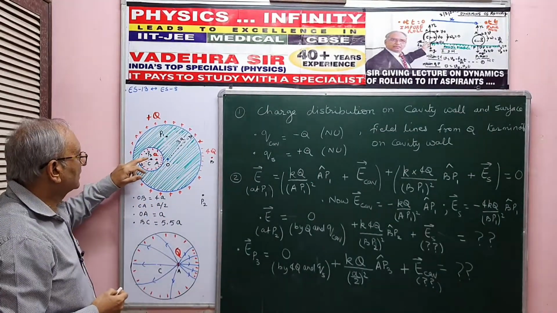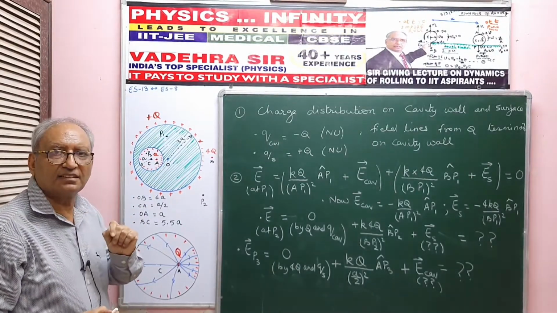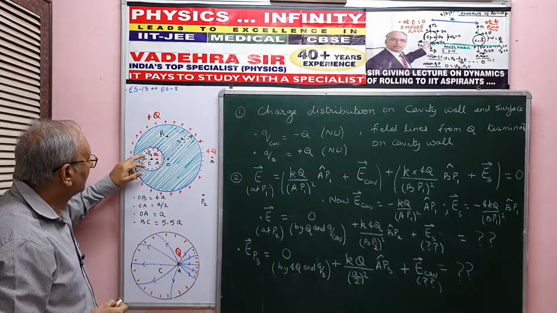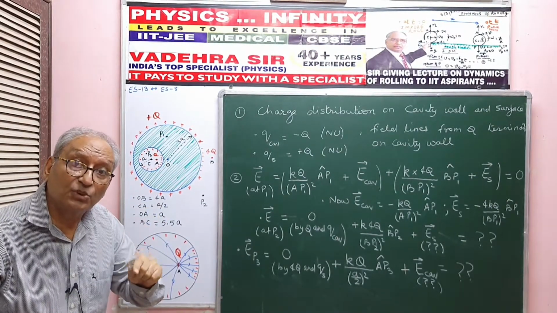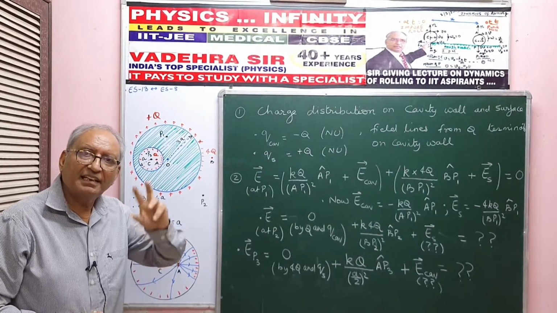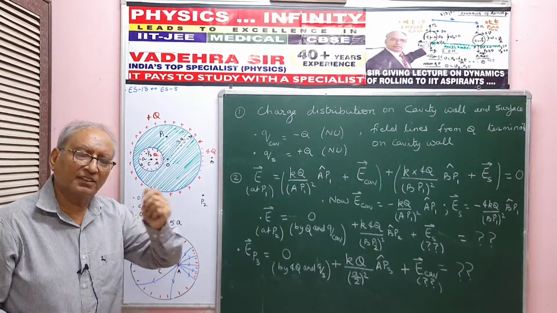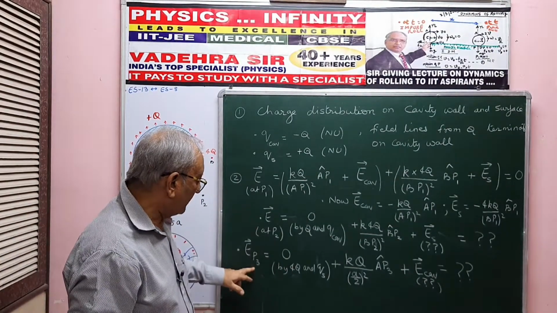Now comes the charge Q, a point charge, and the point is P3. The field contribution of point charge Q at P3 will be K charge divided by distance squared, times the unit vector. I have written that at P3.